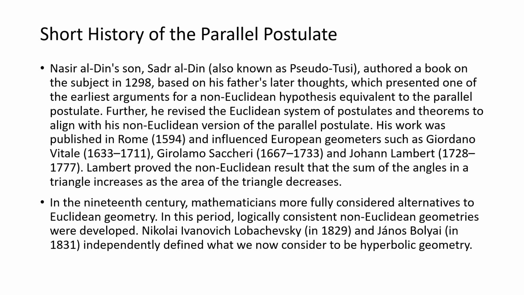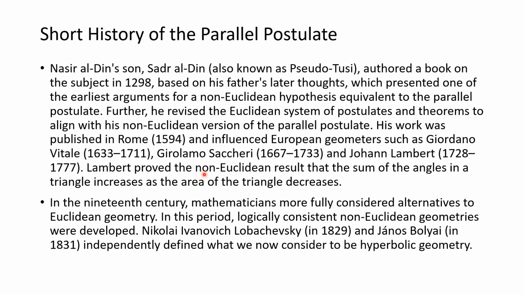Sadr al-Din's work was published in Rome quite some time later, in 1594, and that influenced some of the early European geometers such as Giordano Vitale, Girolamo Saccheri, which we talked about. His work was used with the hyperbolic geometry, and Johann Lambert.